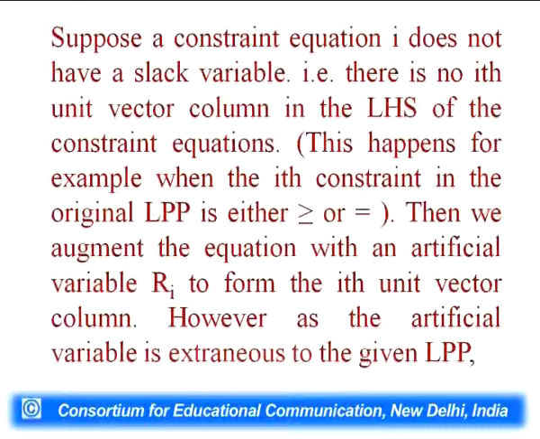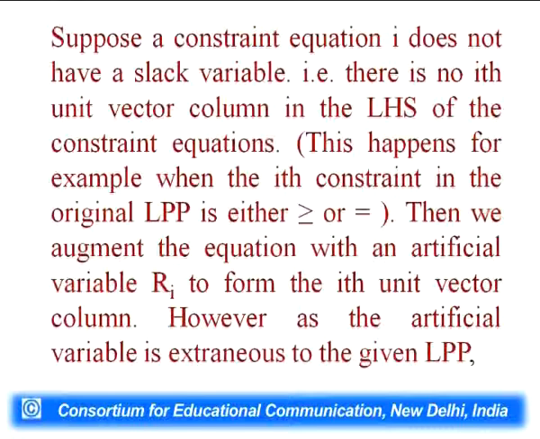There is no ith unit vector column in the left hand side of the constraint equation, which happens, for example, when the ith constraint in the original LPP is either greater than or equal to, or just equal to. Then we augment the equation with an artificial variable Ri to form the ith unit vector column. So, we want some vector and that is introduced by a variable called Ri.